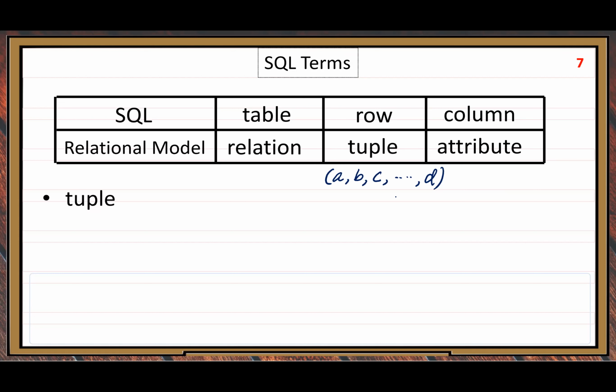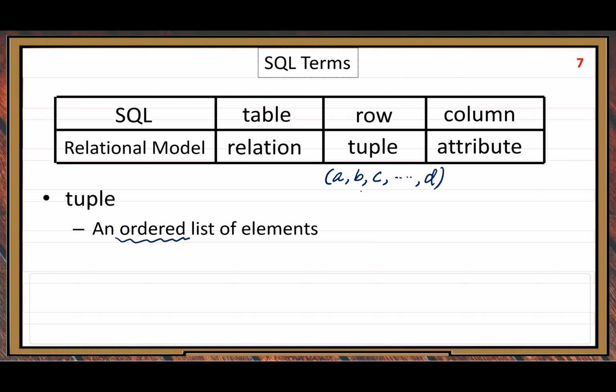Regarding the tuple, because we will use this concept a lot, later when we do queries, we will use the structure of the tuple a lot. It is an ordered list of elements. The main property here is ordered. Why do I emphasize order?